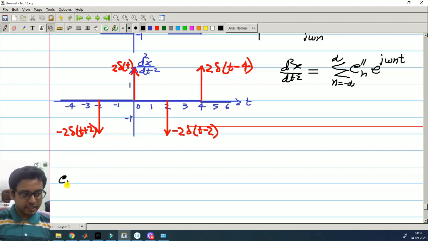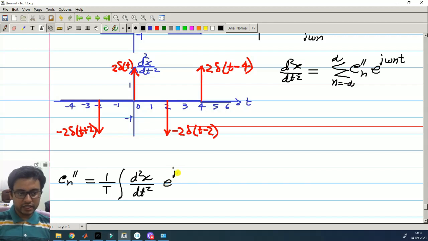Now Cn double prime can be written as 1 over time period integration of this signal d2x dt2 e to the power minus j omega n t over a complete cycle, and I can choose any complete cycle starting from any arbitrary point.